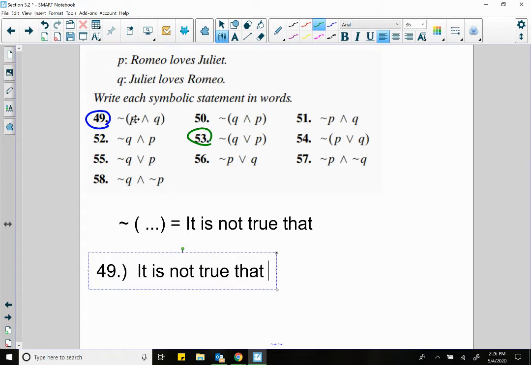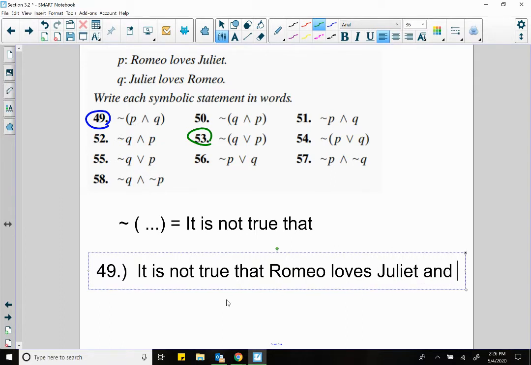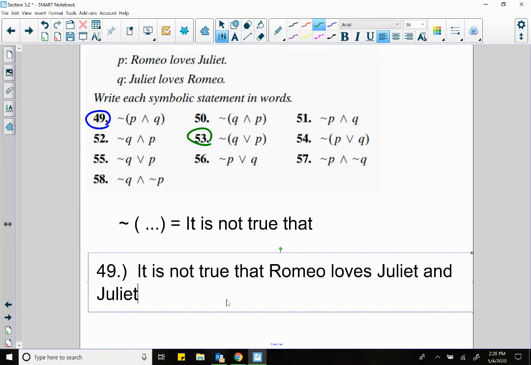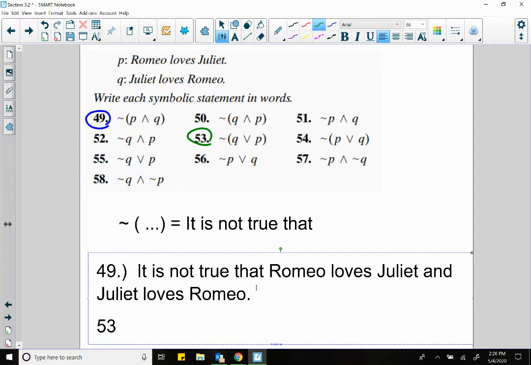So I've got P and Q. So P is Romeo loves Juliet, and Juliet loves Romeo. There you go. All that little squiggle parenthesis means it is not true that. All right. Give 53 a shot. Go.